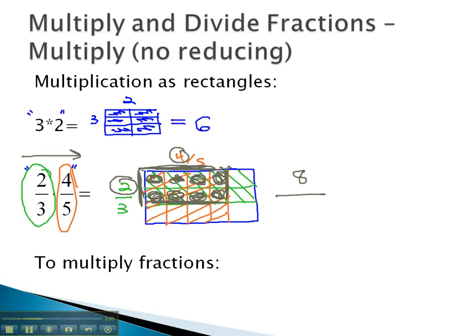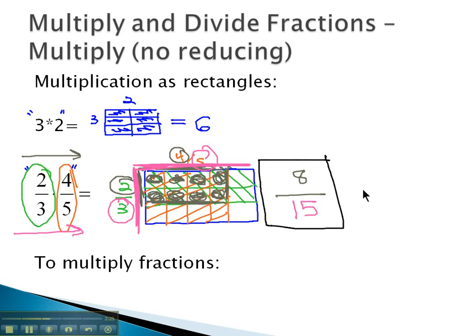Similarly, the denominator is going to be the entire box, which is a 3 by 5 box, which we can see we get by multiplying the denominators, or by counting, but multiplying the denominators 3 by 5 would be quicker to tell us there are 15 boxes in the entire thing, and we know now that 8/15 of the entire rectangle is shaded.